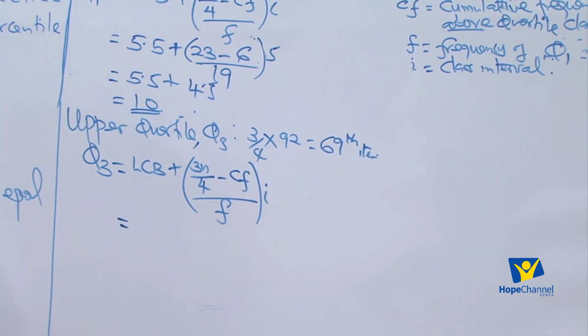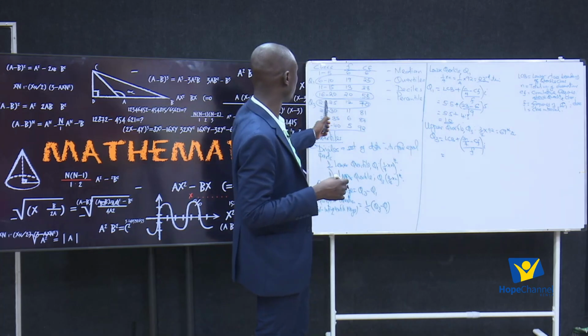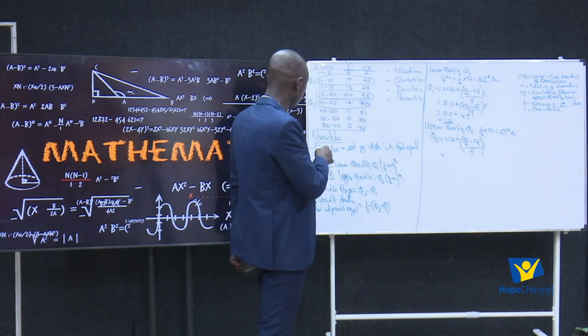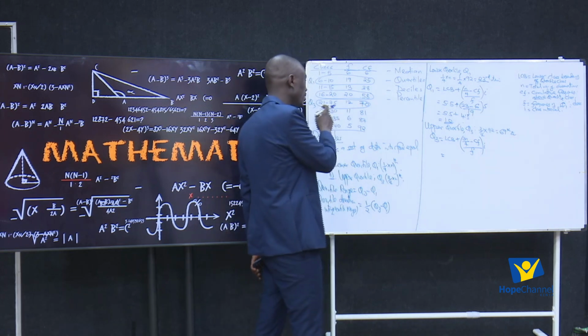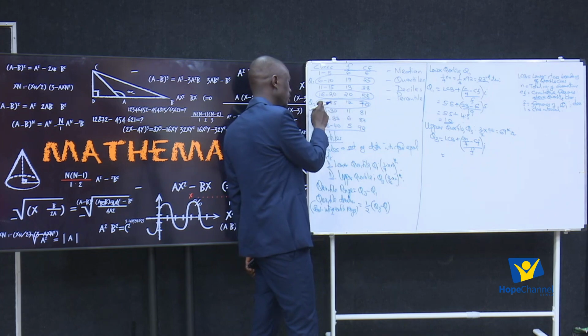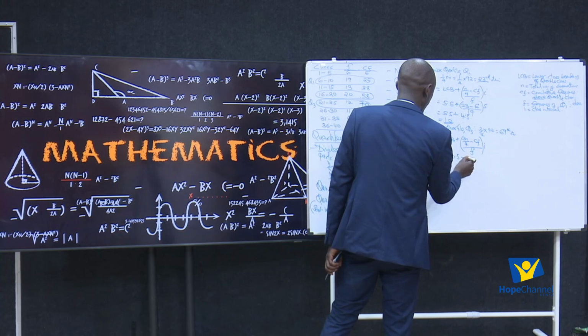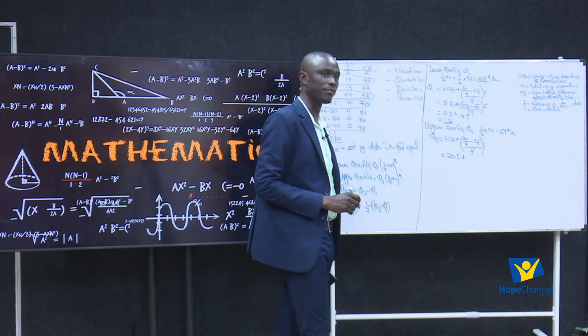Everything you multiply by the class interval. Now that people have seen the way, they can work this very fast. The lower boundary: this is 20, this is 21, so it is 20.5.